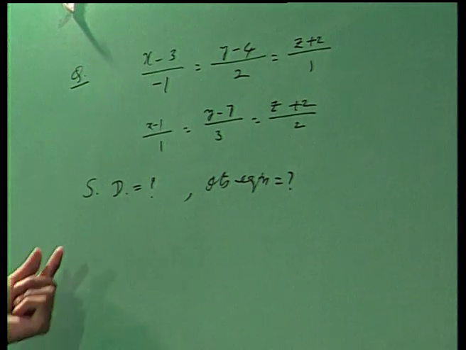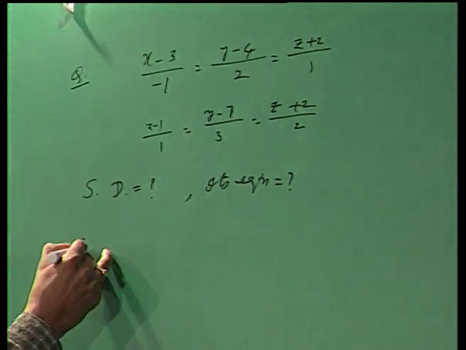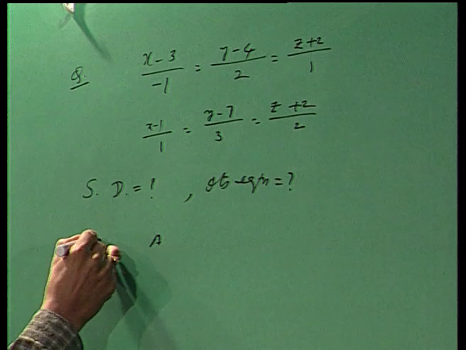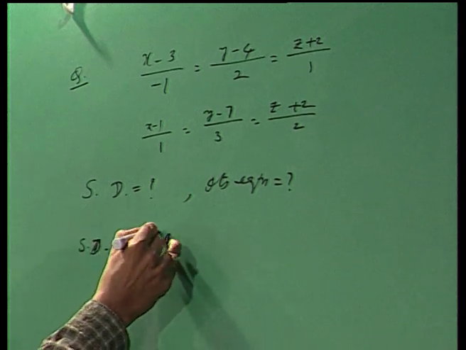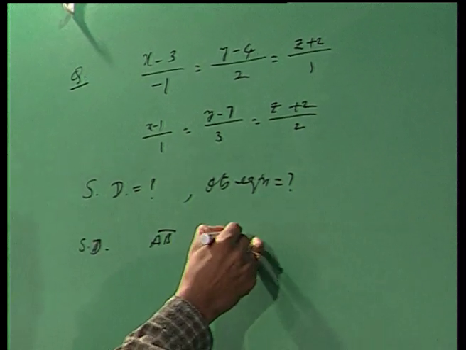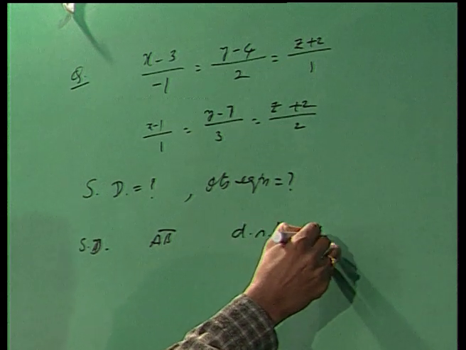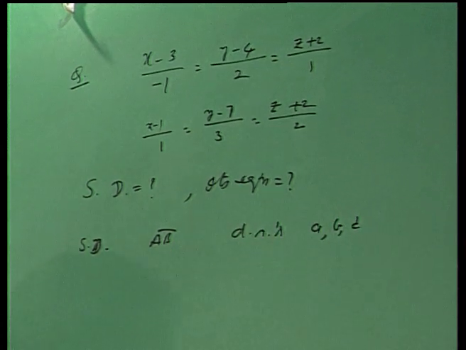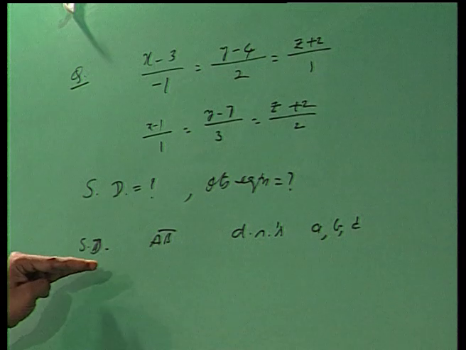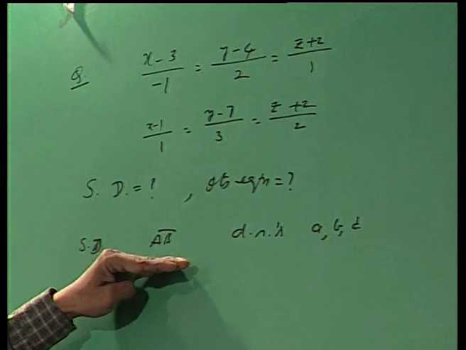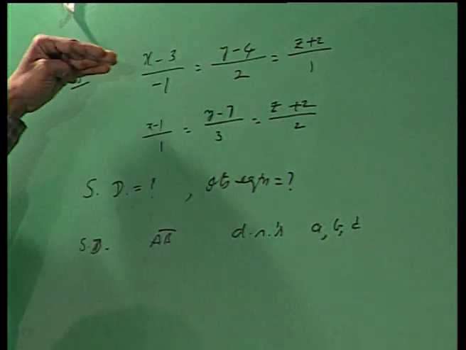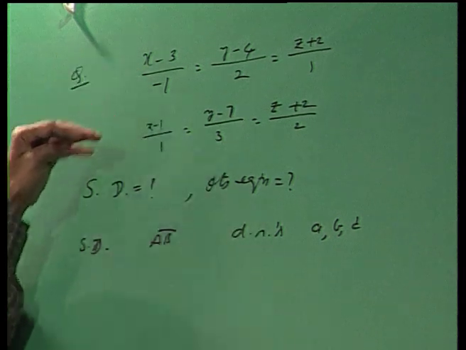Let us say the shortest distance line segment AB has the direction ratios as small a, small b, small c. Now, the shortest distance line segment is perpendicular to each of these two given lines.